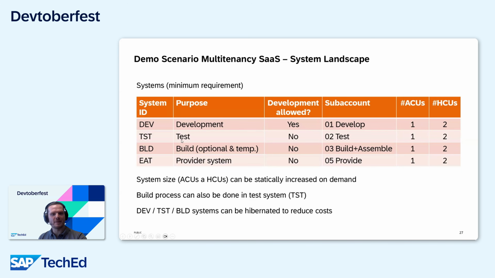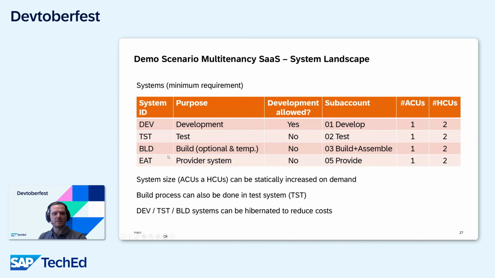The development and the test is already finished, and now we are talking about building a product and providing this product as a SaaS solution. That's why the build system is mentioned here, and also the provider system. Frank already mentioned this: start with the minimum sizing, because the size can increase afterwards on demand.